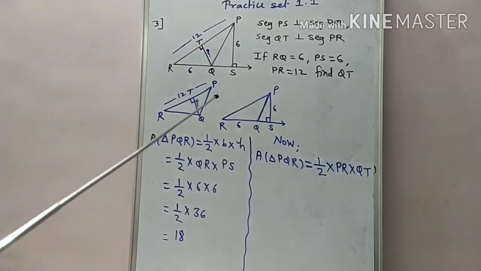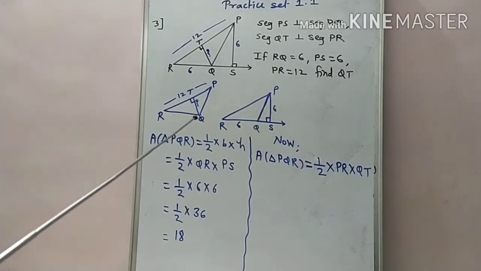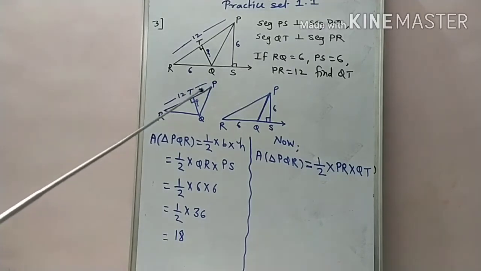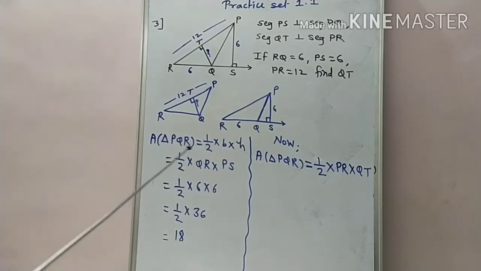Now for this figure, if the perpendicular is QT, that perpendicular is on PR, so now PR becomes the base, and we use the same formula: the area of triangle PQR is half into base into height. But here we write the area of triangle PQR as half into PR into QT, because PR is the base and QT is the height.